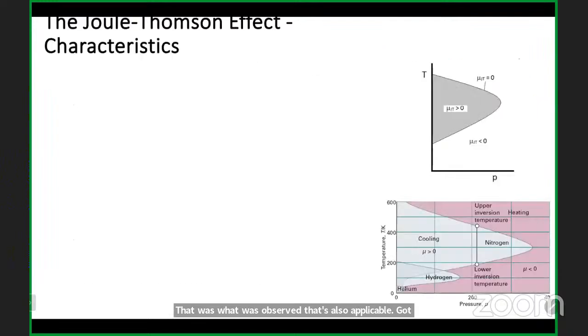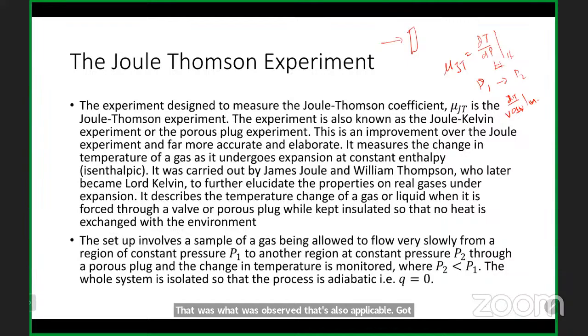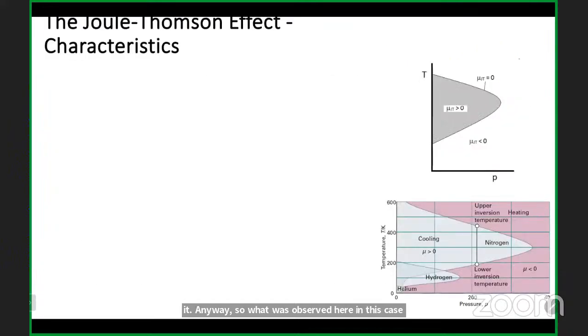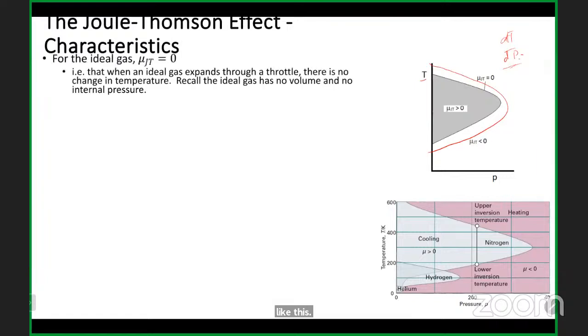Anyway, what was observed here is a general observation on the temperature and pressure curve. This is the usual curve that you see. If you plot temperature against pressure, looking at dT dP, the curve always goes like that, whether it's big or small. For an ideal gas, what's the general observation?